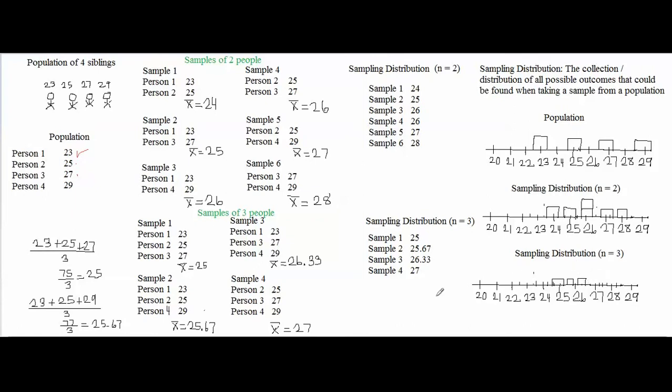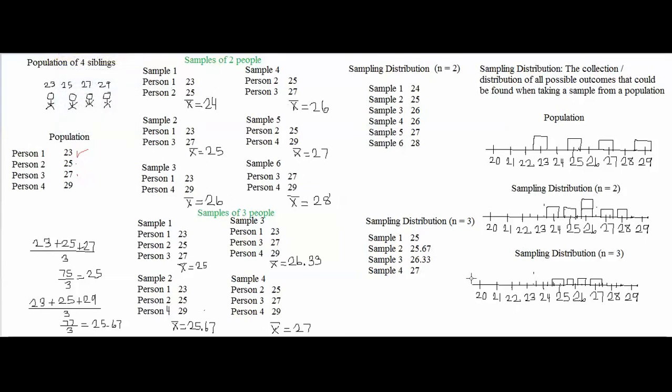And then we want to put one more box for sample 4. Sample 4 had a mean of 27, so that box goes above 27. So now we've made a box for each of these 4 numbers. And now we have a histogram for the population, the histogram for this sampling distribution, and the histogram for this sampling distribution.